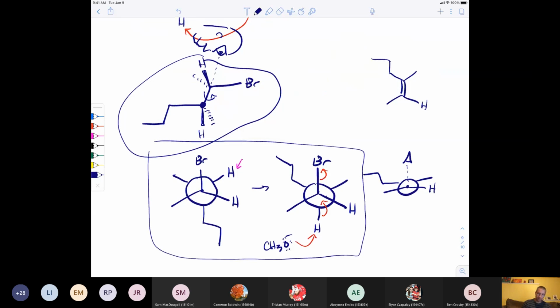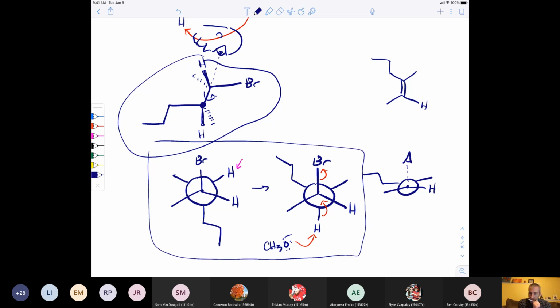Depending on your vantage point, yes. I think it depends. At least I didn't even know this was an option. Sydney, can you draw the rotated version before you move any bonds? Alex, do we have to show lone pairs in drawing the full mechanisms? The answer is yes to Alex.